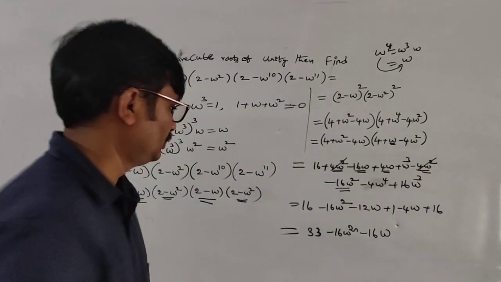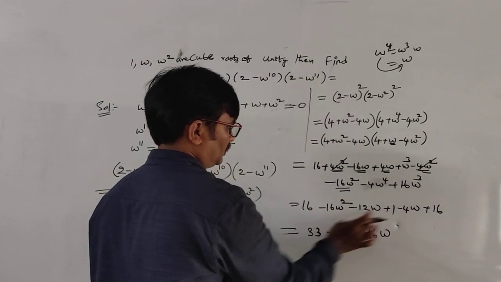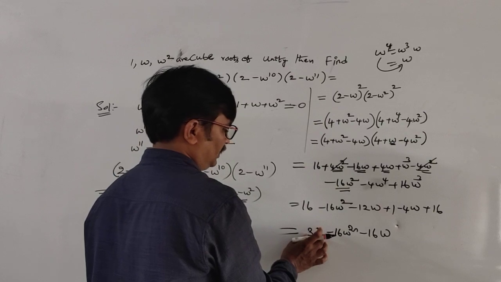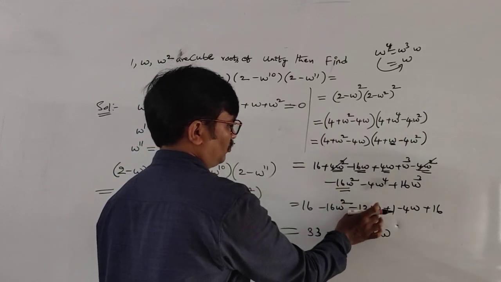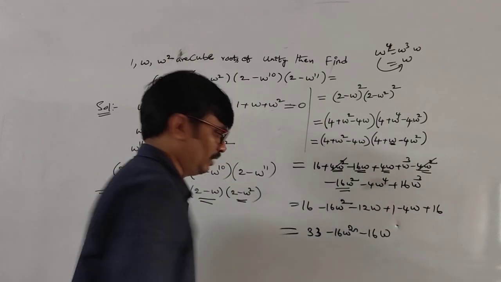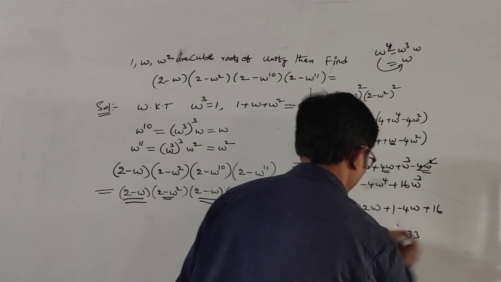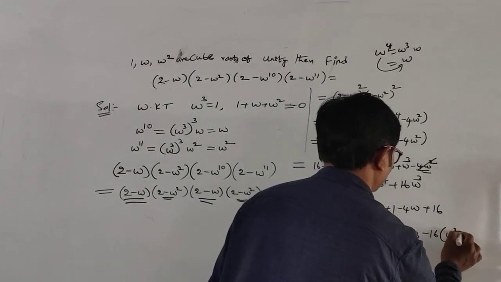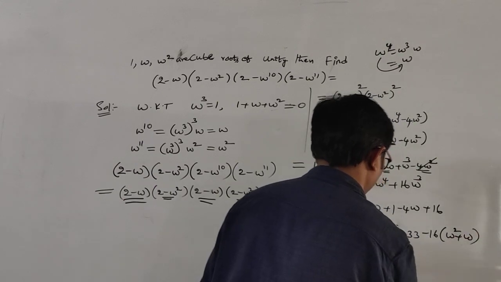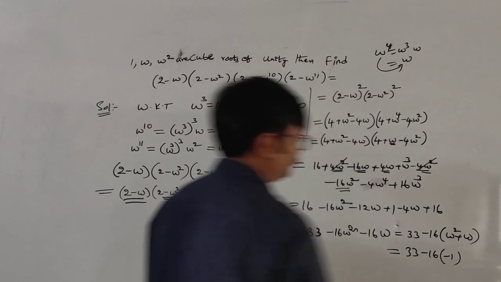How to write, students? This is 16 plus 16 is 32, 32 plus 1 is 33. Therefore students, minus 16 omega square minus 12 omega minus 4 omega minus 16 omega. So students, that is 33 minus 16 is common, omega square plus omega. 33 minus 16 into minus 1.